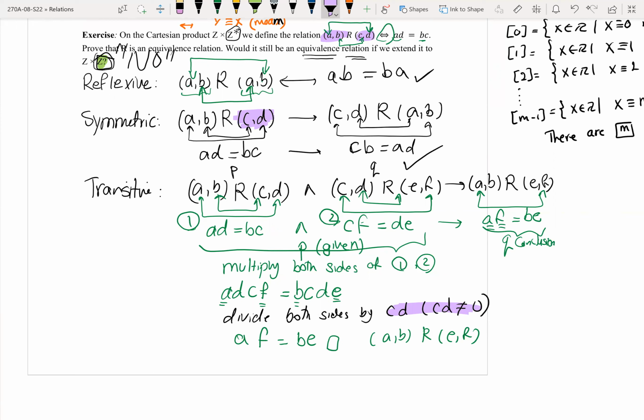I'm still a bit confused on why CD can't be 0. I thought the way we defined the original set, the Cartesian product of the integers times integers that are not 0, only means the second part of each ordered pair can't be 0. And C shows up in the first part. So can't C be 0?